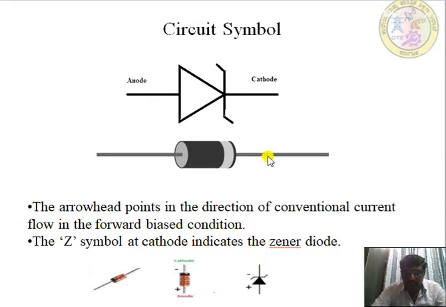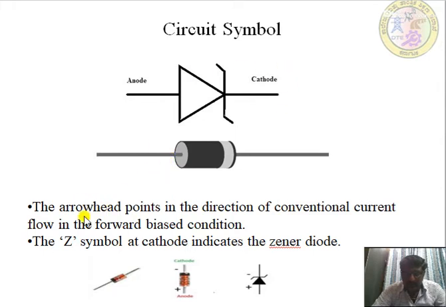So this is the circuit symbol, the same diode symbol with a vertical line with two dashed lines, representing the anode as well as the cathode. This is the circuit symbol of your Zener diode. The line represents your cathode and this part represents your arrow.